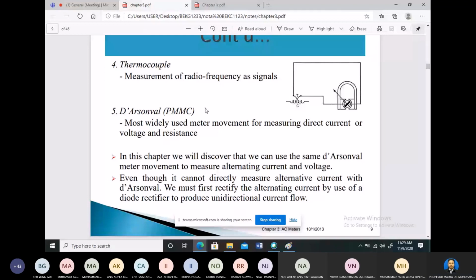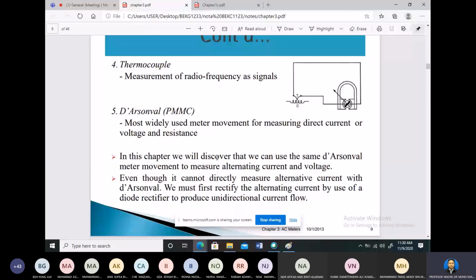Also, in this chapter, we discovered this same D'Arsonval meter movement can measure alternating current or voltage. So for AC we can also use the PMMC, the permanent magnet moving coil meter, to measure AC current and AC voltage.